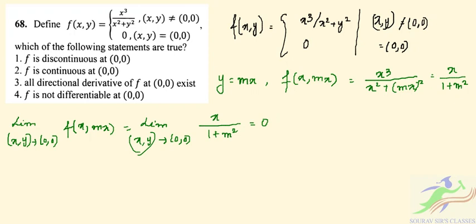So we can say from here that f is continuous at (0, 0). So our option 1 is wrong, but option 2 is correct.